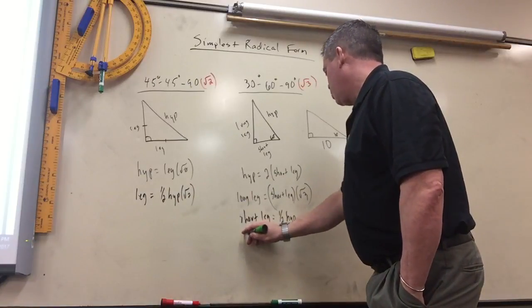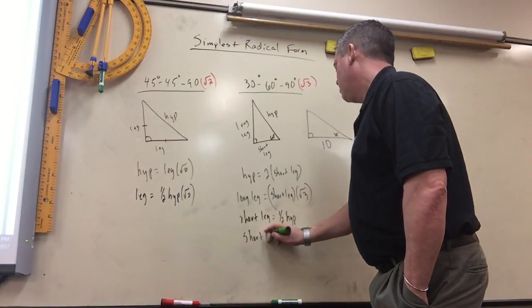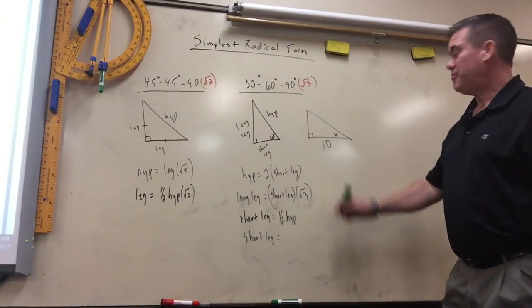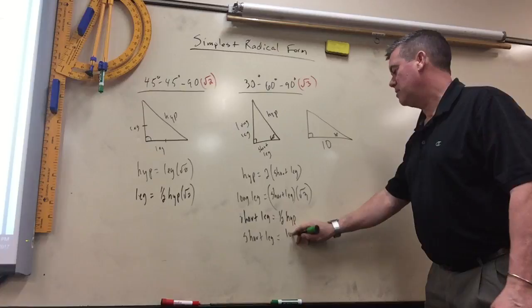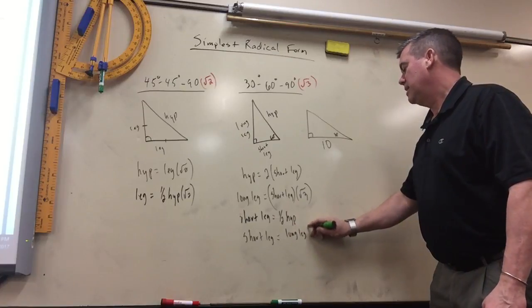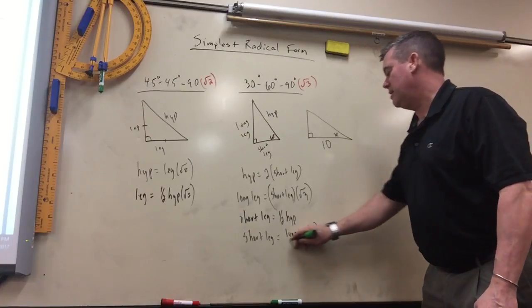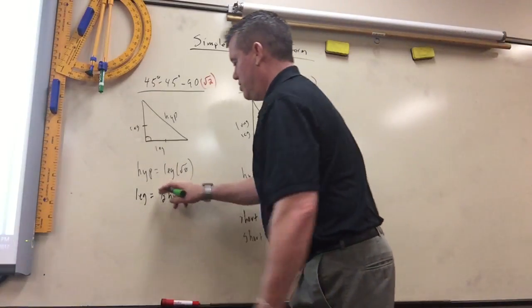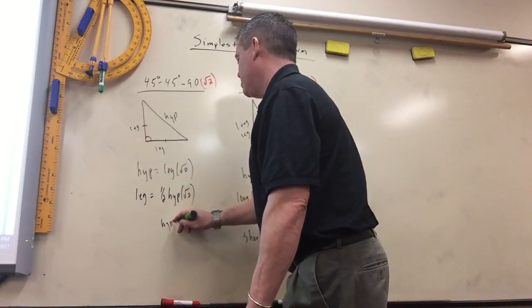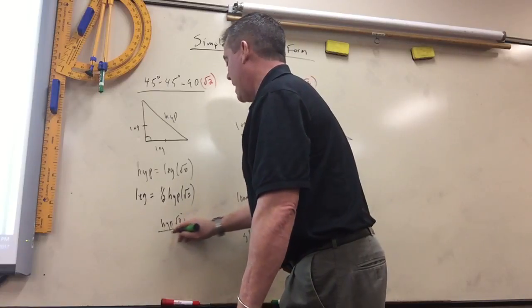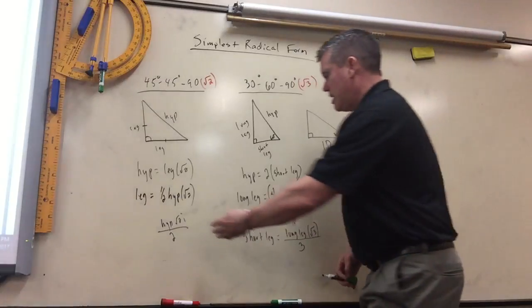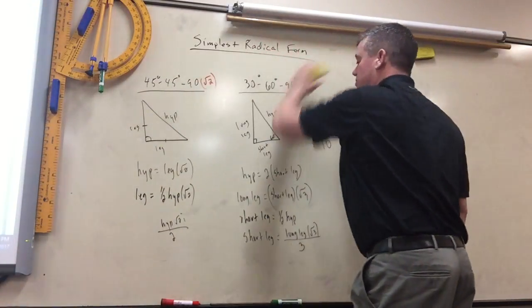So the short leg is the long leg times the square root of 3 divided by 3. It really is the same because you could write this as the hypotenuse times the square root of 2 divided by 2 instead of saying 1/2. So they're the same thing except with 3 in it instead of 2.